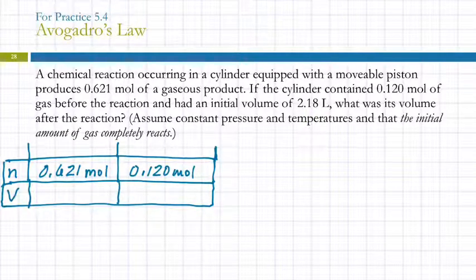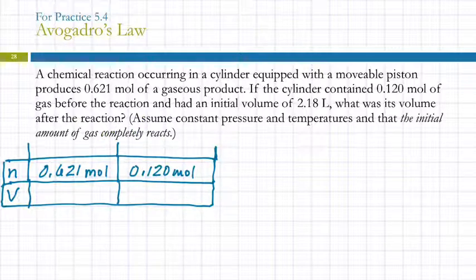So this is my volume row. Which amount of moles does this volume go with? The 0.120. So this is where we have to read the words as well. So it contained this before the reaction, had an initial volume of this. It's asking what's the volume after.